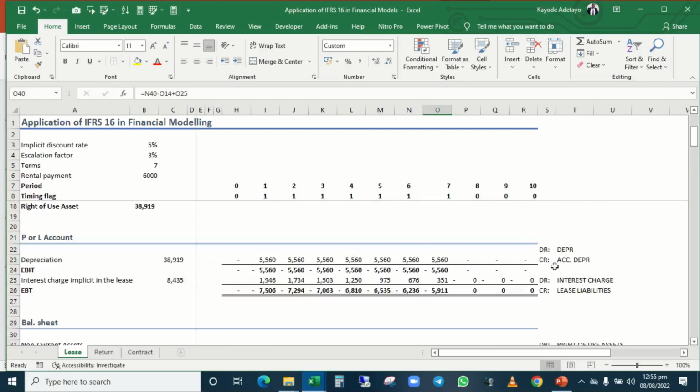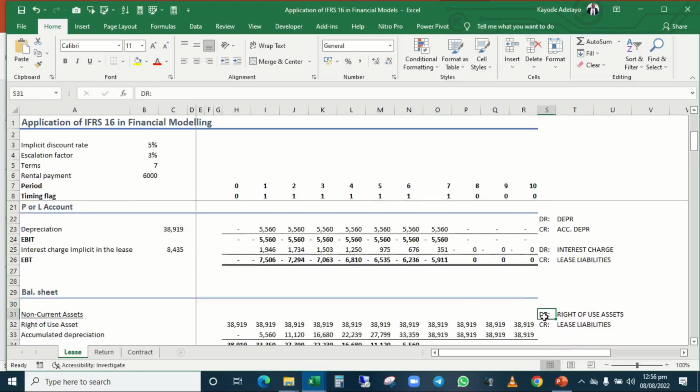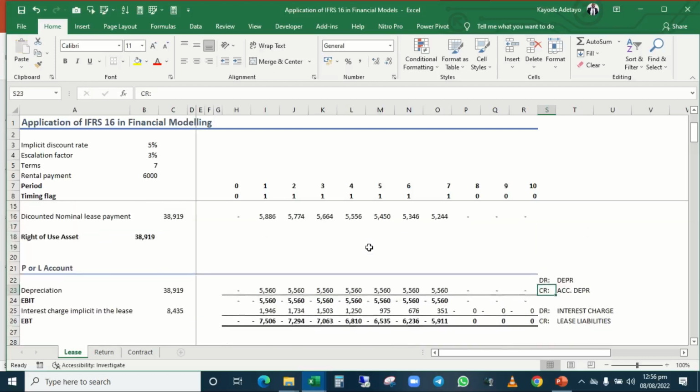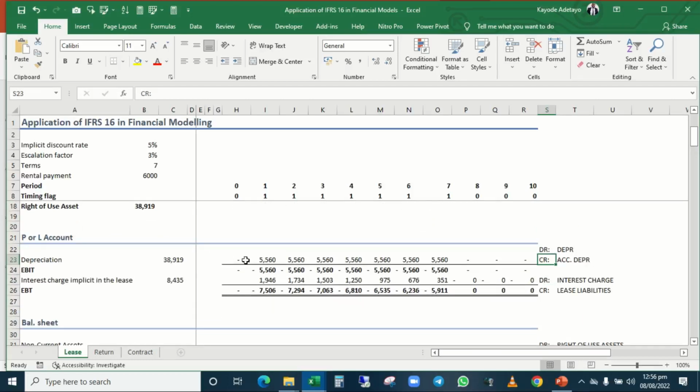But another thing that happens is that the asset that has been recognized will be depreciated over the lease period. So you debit the depreciation account and credit accumulated depreciation. In the P&L, if you see this here, we debit the depreciation.